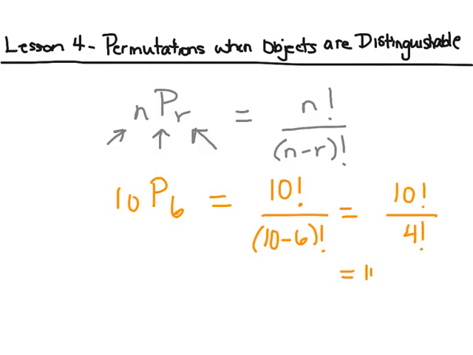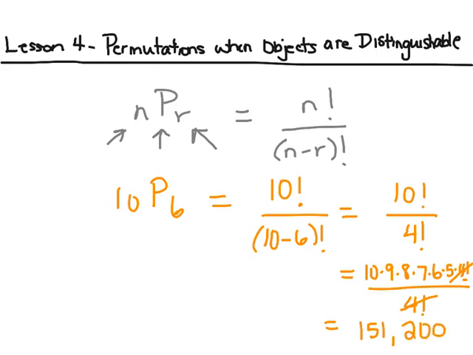We can write this as 10 times 9 times 8 times 7 times 6 times 5 times 4 factorial divided by 4 factorial. The 4 factorials cancel, and if you type that into your calculator, you should get 151,200. That's how many different playlists he could make from those 10 songs.